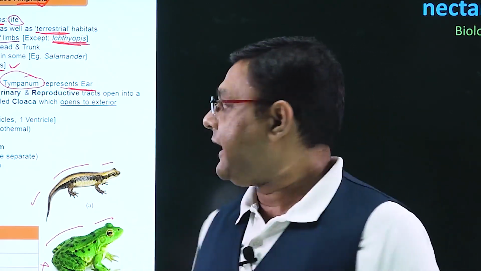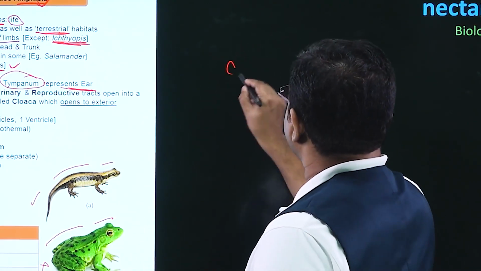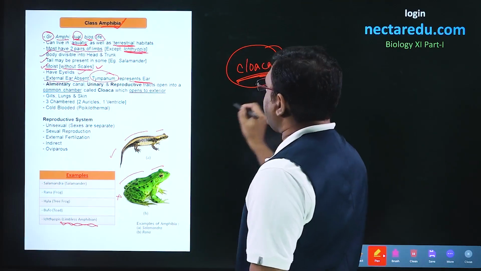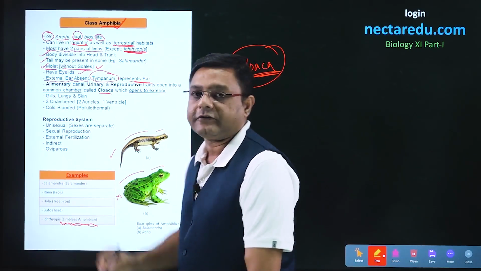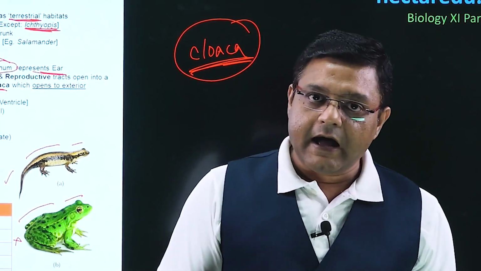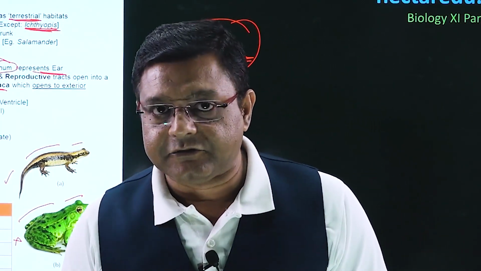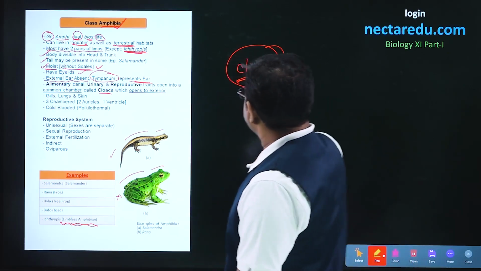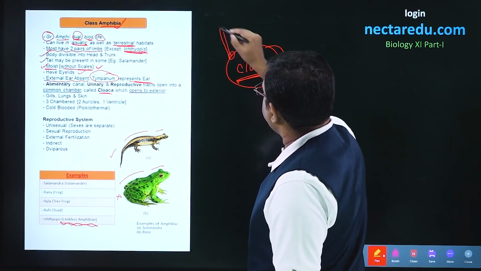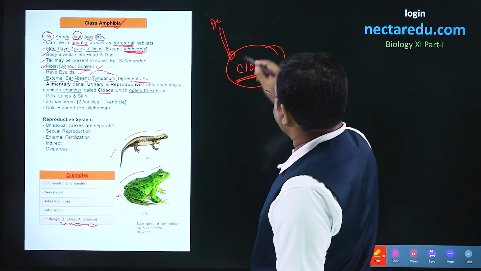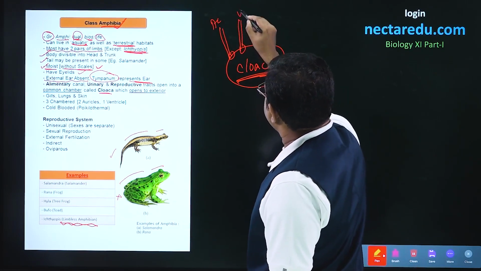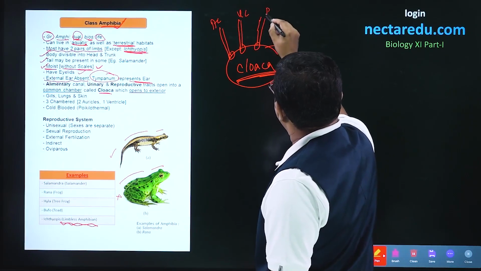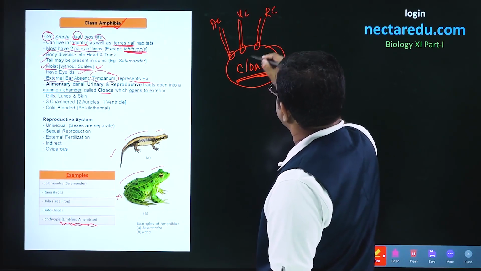After this, an important structure is present in the case of amphibians, and that particular structure is called cloaca. Now, cloaca is a small median structure in which three tracts open. The alimentary canal will open, the urinary canal will open, as well as the reproductive canal or tract will open into this.